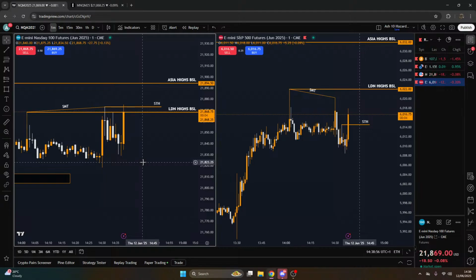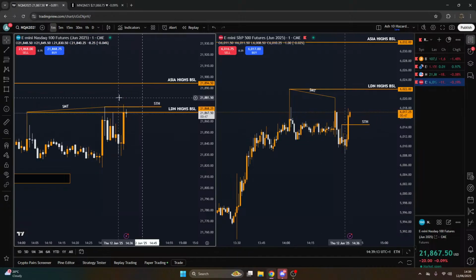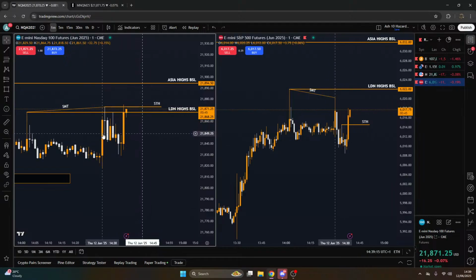I'm going to see if it comes back in, because I'm not trying to repeat this again. So we've got a sweep of a short-term high on ES, and now we've swept the short-term high on NQ. So the next step now, after sweeping London highs, coming back lower, sweep of a short-term high.